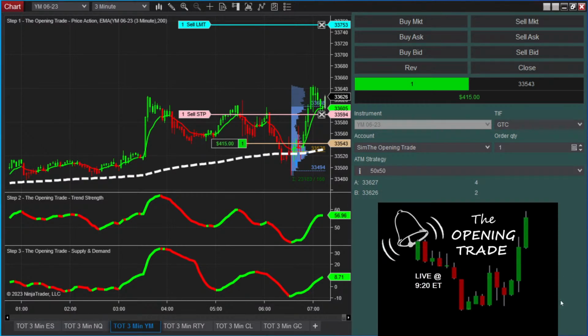Okay, so this is what we're liking here in the Dow Jones futures. That's what we're watching here. All right, I am going to move my stop loss up just a little bit, even though the candle's open.